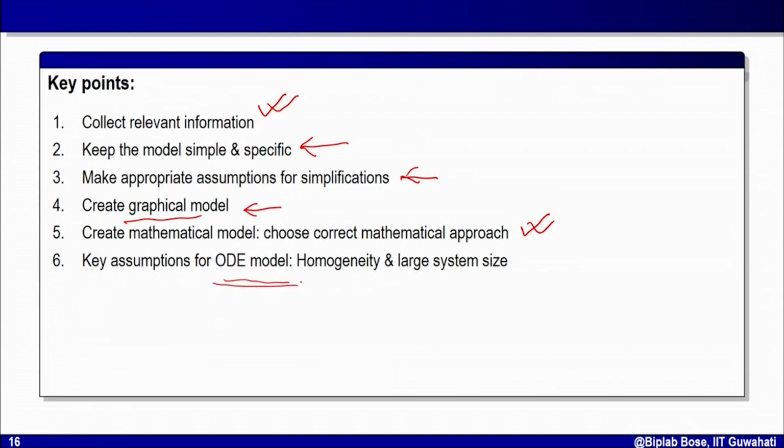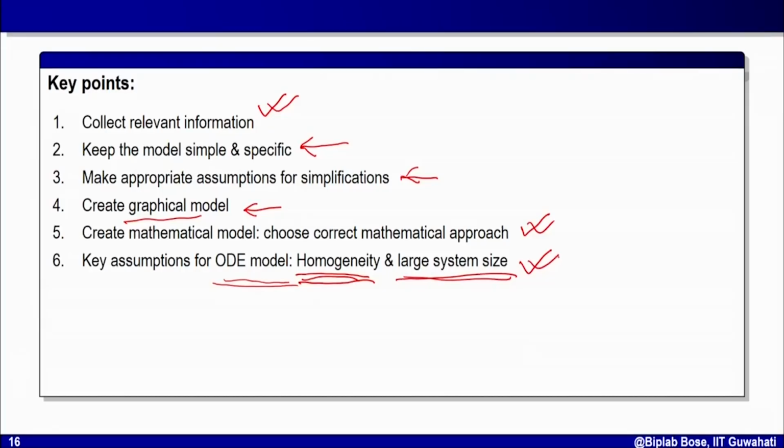The first one is that the system is homogeneous, that means well mixed, and the system is very large. That means the number of molecules involved in the reactions is large. If I am modeling a cellular process involving multiple cells, the number of cells will be large. If I am modeling a process in a human population, the number of human beings in that population should be large. So these two key assumptions have to be met, and only then can we use ODEs to create ODE-based dynamic models.